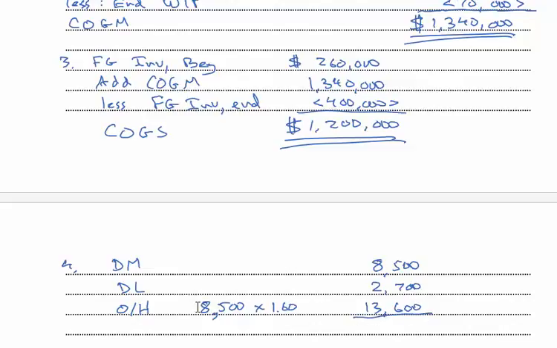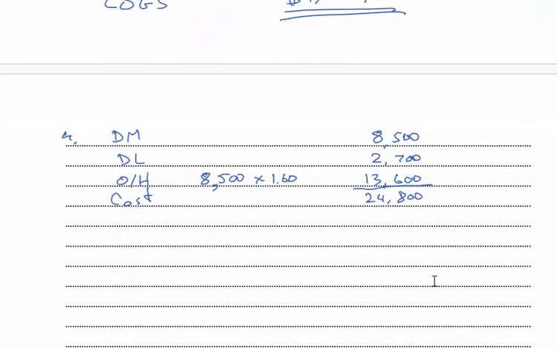So we can add all that up and we get the manufacturing cost, 24,800. But we now need to come up with the price, right? And so times 1.25 for a 25% markup, and that works out to $31,000 even.